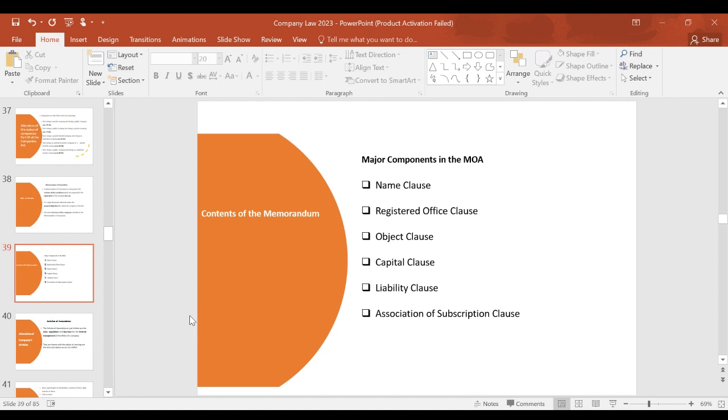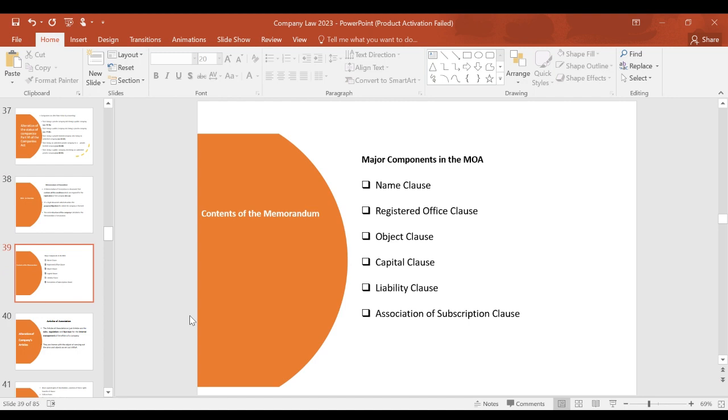If a company is, let's say, a commercial business, then it will indicate the nature of that commercial business. If it is a company which relates to importation of any of the goods, they will have also to indicate that this is a company that is going to be dealing with importation.